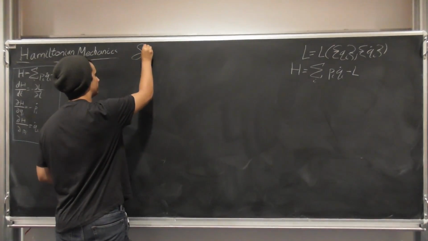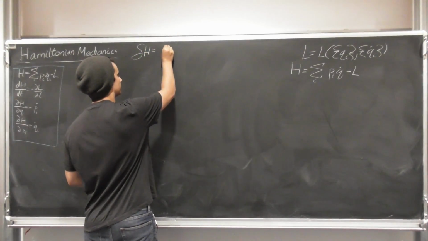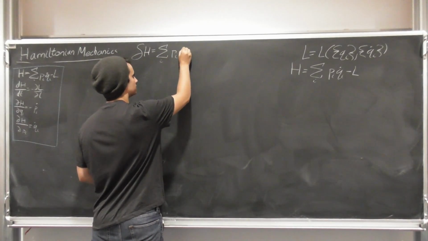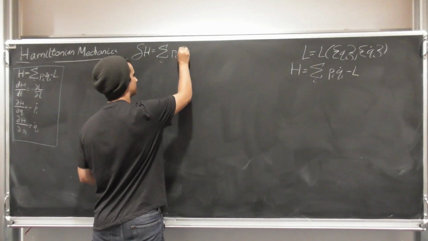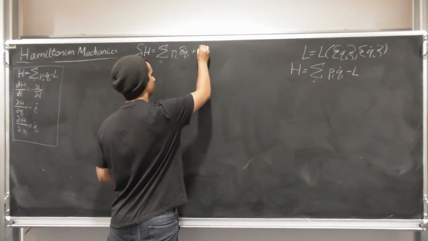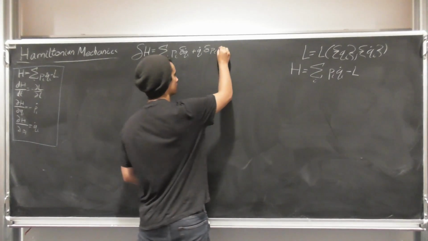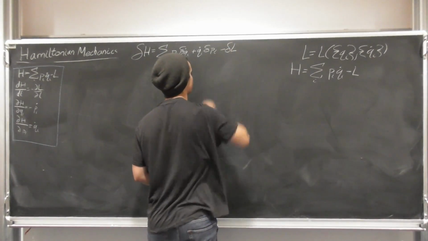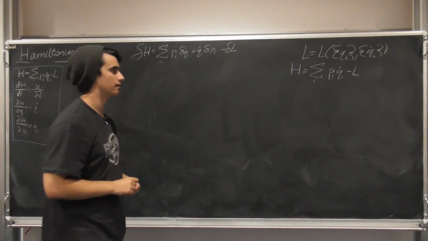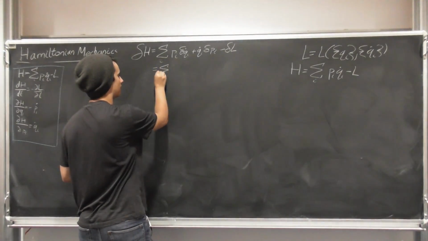Right, so now we're going to have a look at the variation of the Hamiltonian. So we'll say that we vary the Hamiltonian by delta H, and this is therefore equal to the sum over i of p sub i times delta q sub i dot plus q sub i dot times delta p sub i, minus delta L. And the Lagrangian being a function of q sub i's and q sub i dots, we'll also have to vary that.